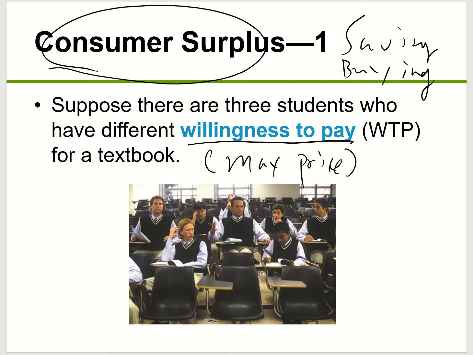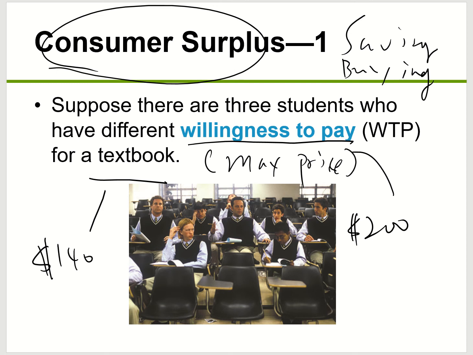Suppose, for a textbook, the price might be $140, but you are willing to pay $200. So when you buy the textbook, you are better off because you're able to buy the book within your budget and still save some money in the process. Willing to pay measures the maximum price consumers are willing to pay for the good.